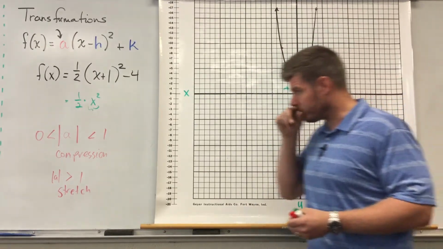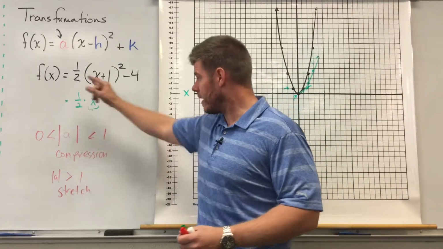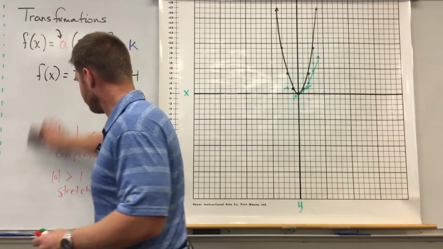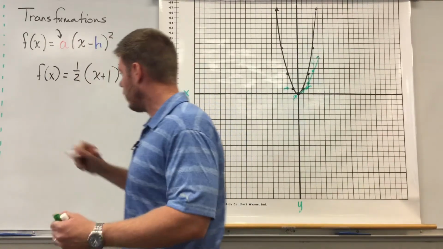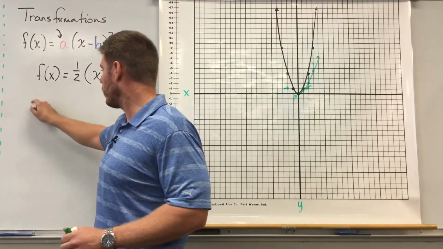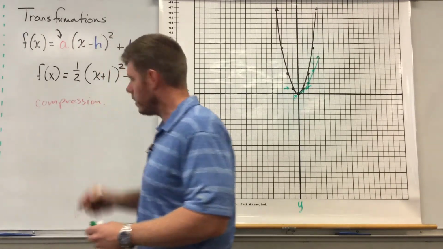So now we go back. That is what the A does. In this case, I would say that this graph, as of right now, has a compression. So that is the first transformation, and it's a compression.